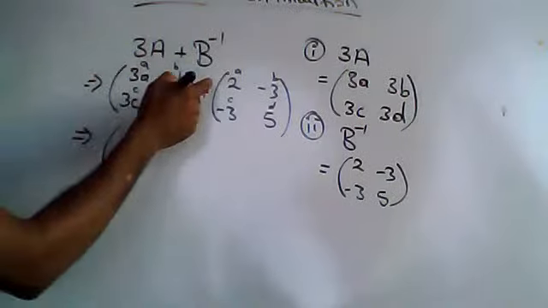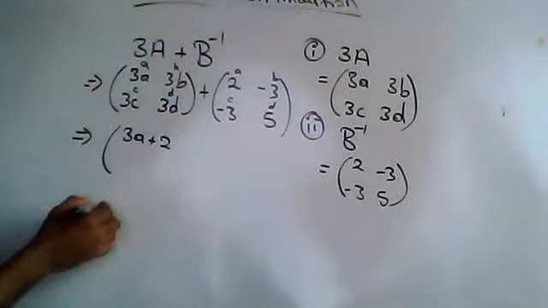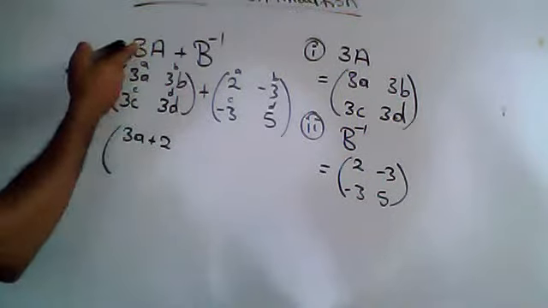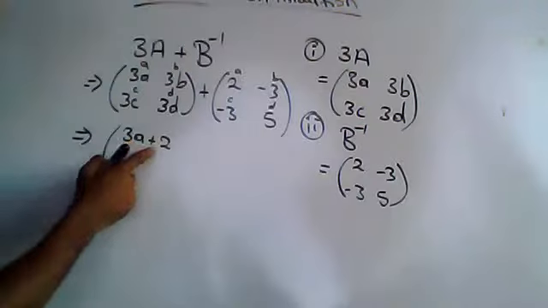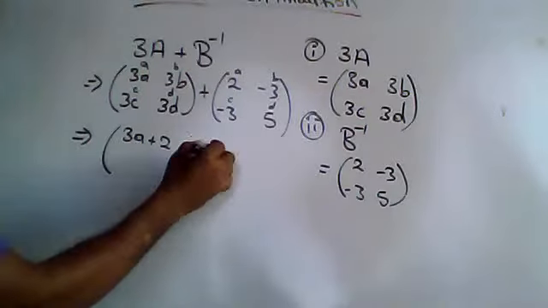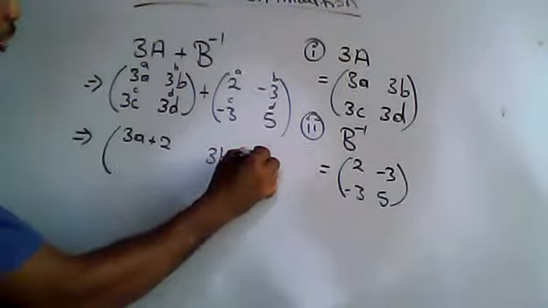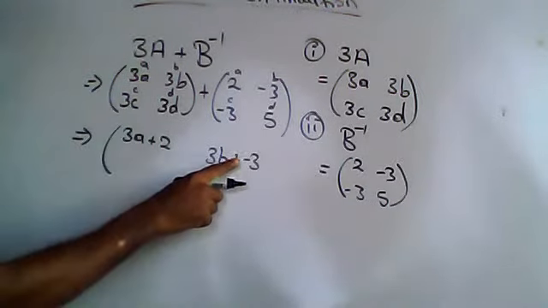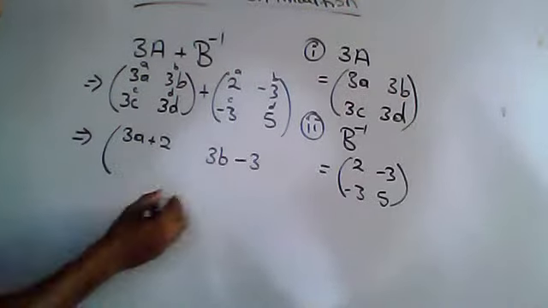So what we're going to have, 3a plus 2. That's for the first element in the matrix sum 3A plus B inverse. For the second element, we're going to have 3b plus minus 3. Positive, negative, which one is stronger? Negative, so we'll just put minus 3 there.